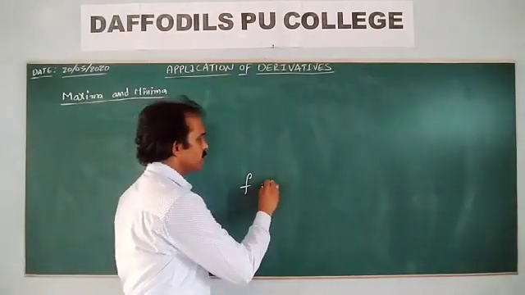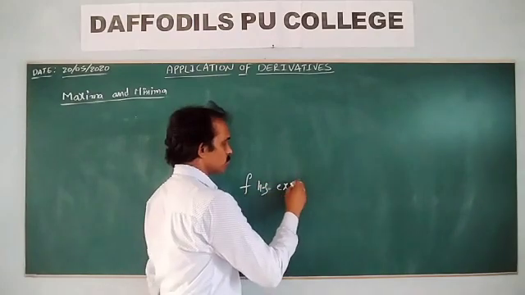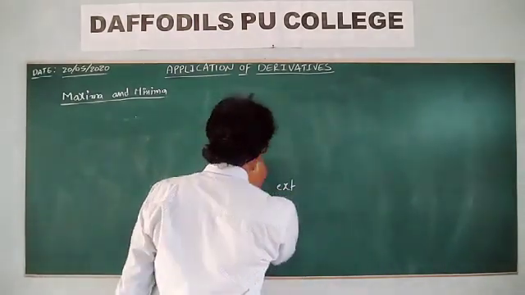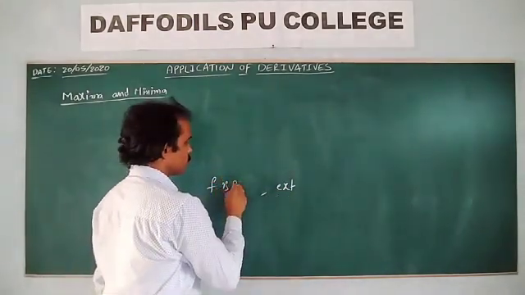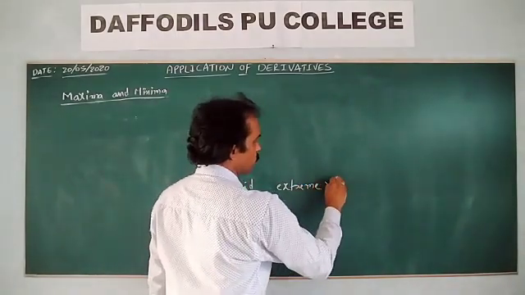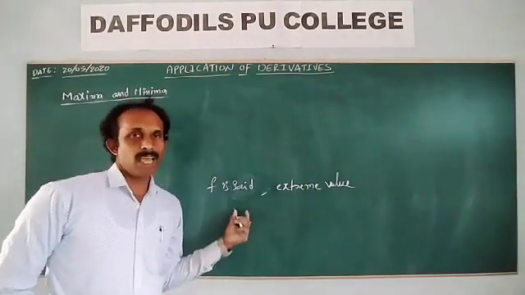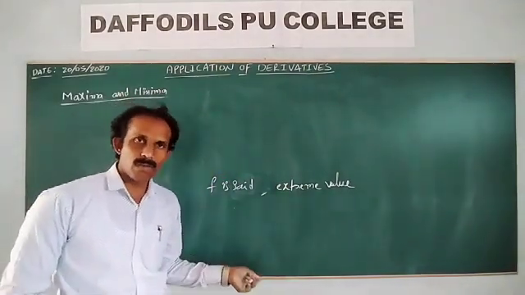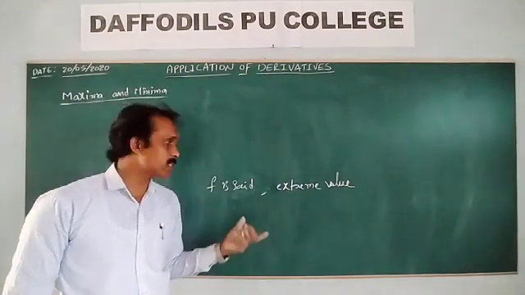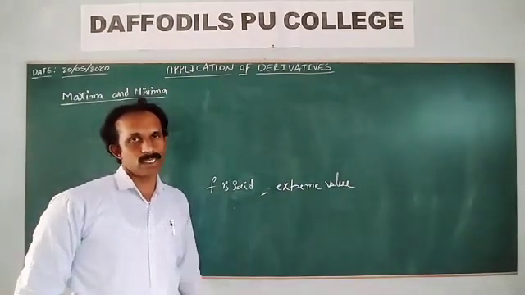So f said to be an extreme value means f has either a maximum value or a minimum value. Then the point c is called an extreme point in the given interval.